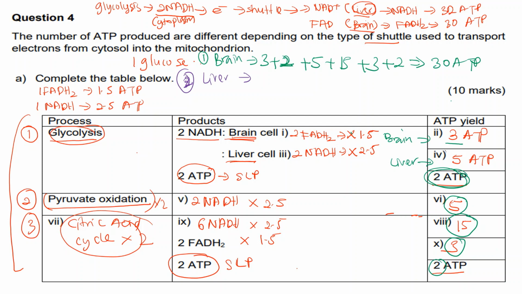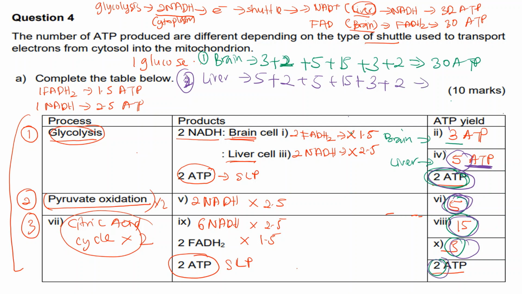So 5 molecules of ATP, add 2 during substrate level phosphorylation, add 5 from NADH from pyruvate oxidation, and then 15, and then 3, and then add 2.